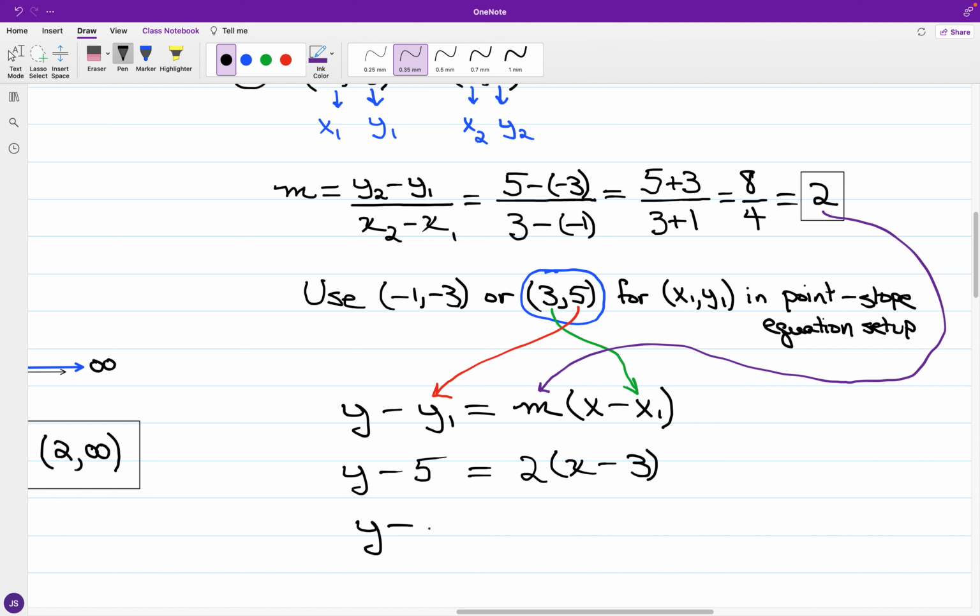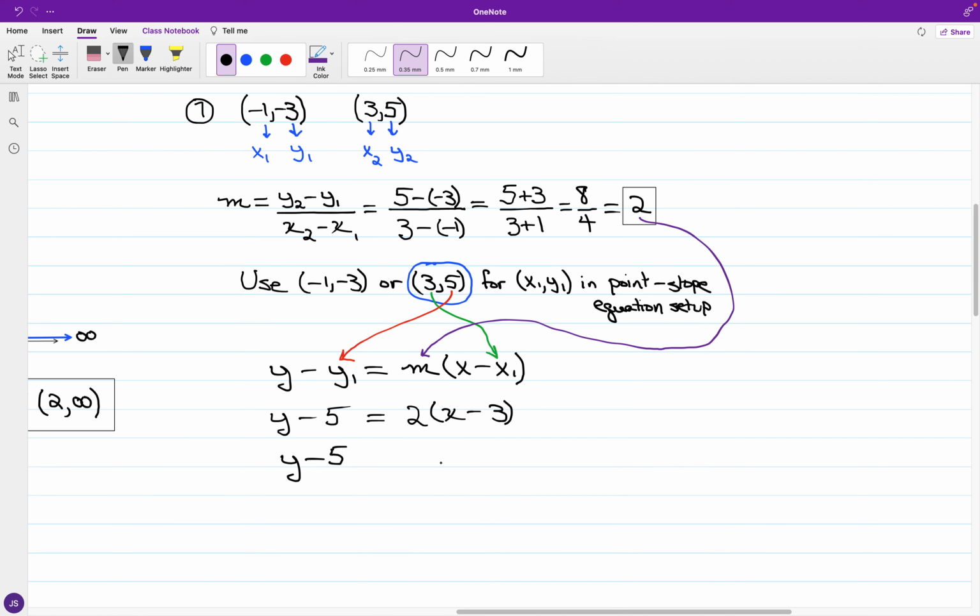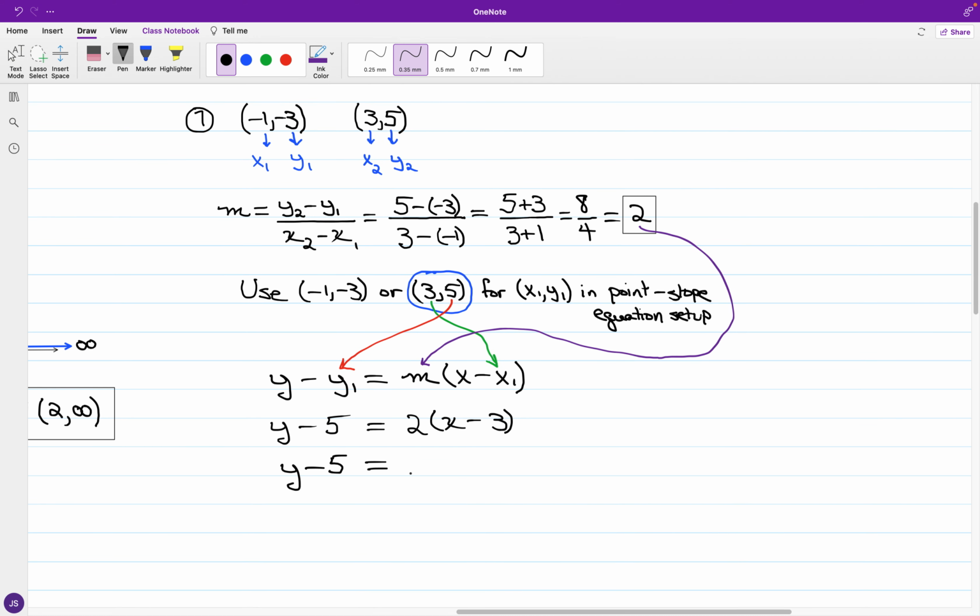And now putting this in terms of the slope intercept. Okay, so if I look at distributing, so for y minus 5, we have is equal to 2 times the quantity of x minus 3. So this will be 2x minus 6.